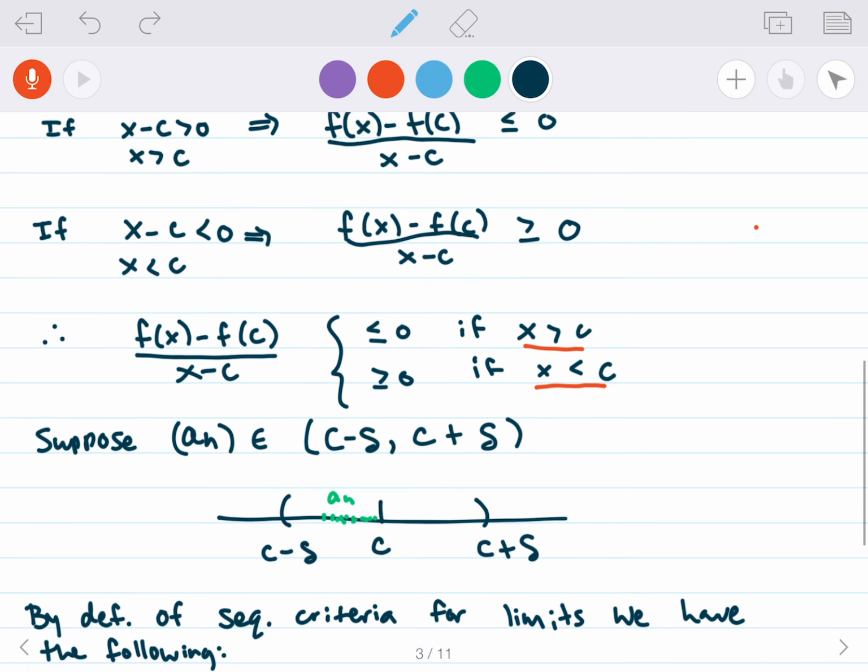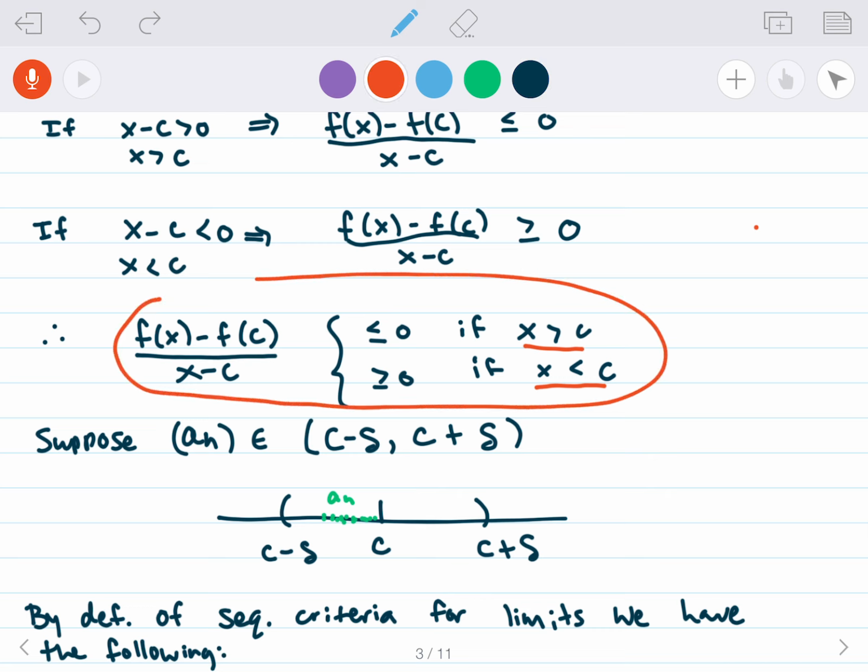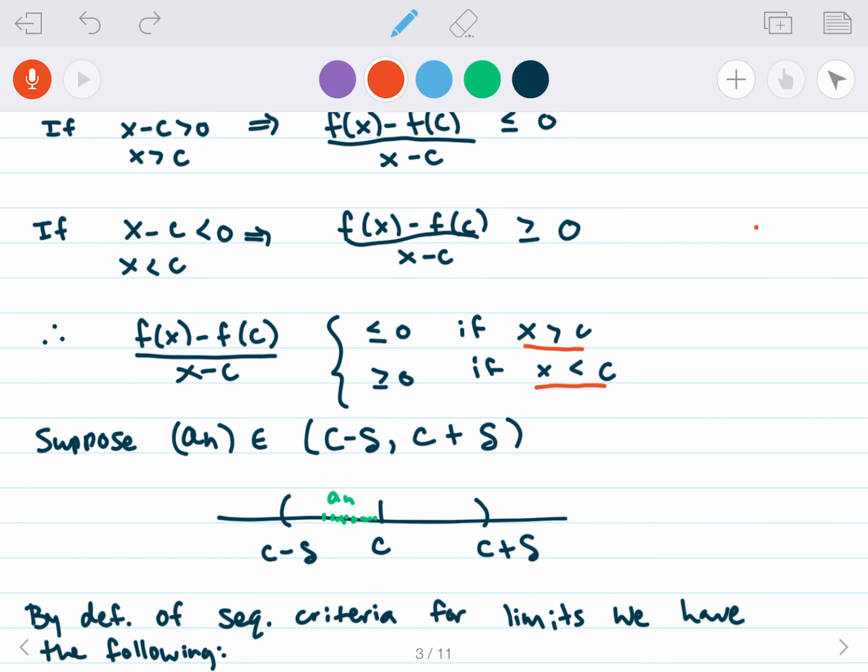Well, if we scroll back up to this guy, we had this guy right here, and we're just replacing x with a sub n. And so where was a sub n? A sub n was to the left of c. It was less than c. So this piece is true. So it's going to be bigger than or equal to 0.